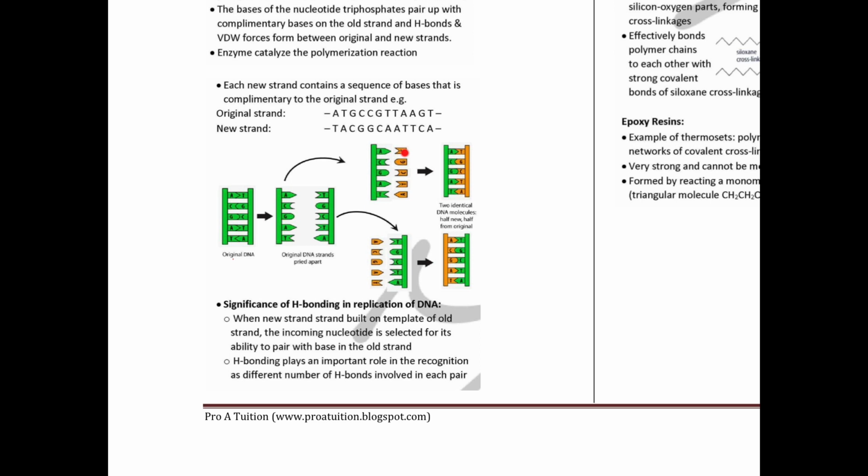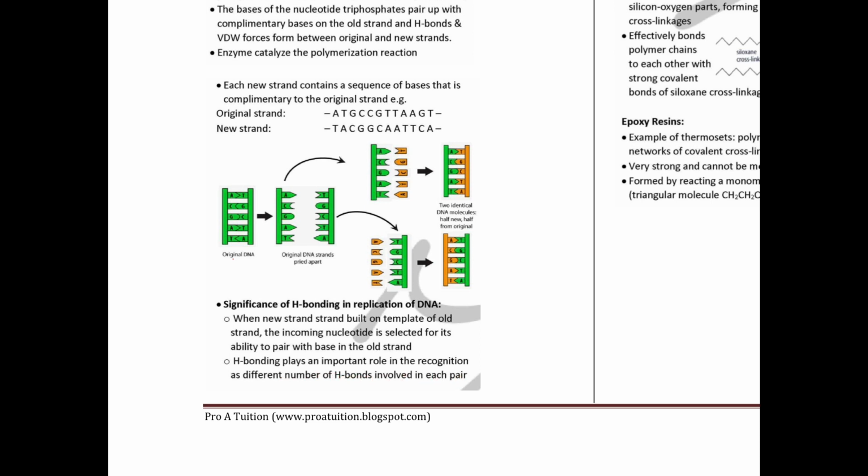It happens naturally because they can form two hydrogen bonds at the correct orientation and correct position, and then they pair up. So hydrogen bond plays an important role in the recognitions as different number of hydrogen bonds are involved in each pair.